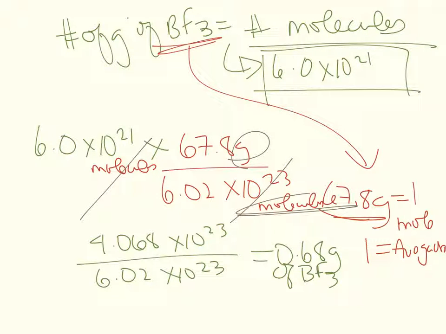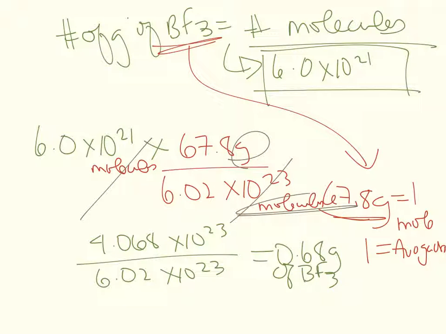When we multiply this out, we determine how many molecules we have in 0.34 grams of an H2S sample, which is 6.0 times 10 to the 21 molecules.